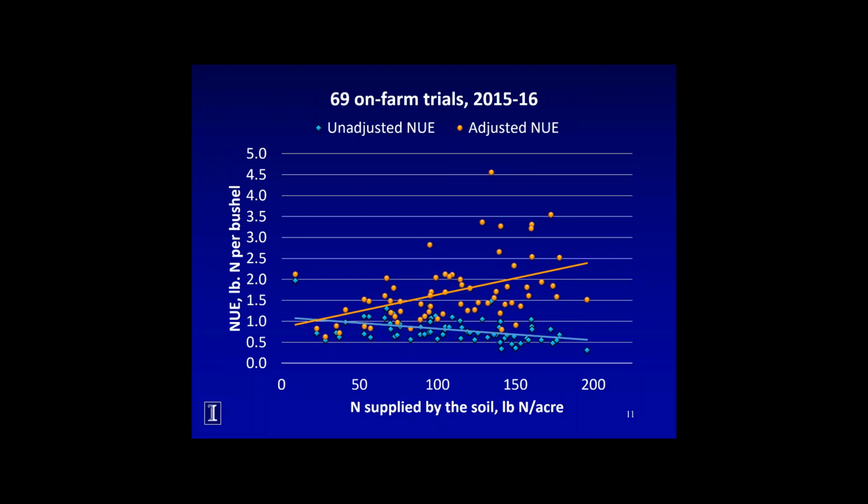In other words, it gets less efficient the more we put on. The real answer is that when we have high amounts of nitrogen provided by the soil, and we only know that when we do a zero nitrogen in a field, so we typically have no real idea of it, then the need for fertilizer nitrogen and the efficiency with which it's used are both decreased.